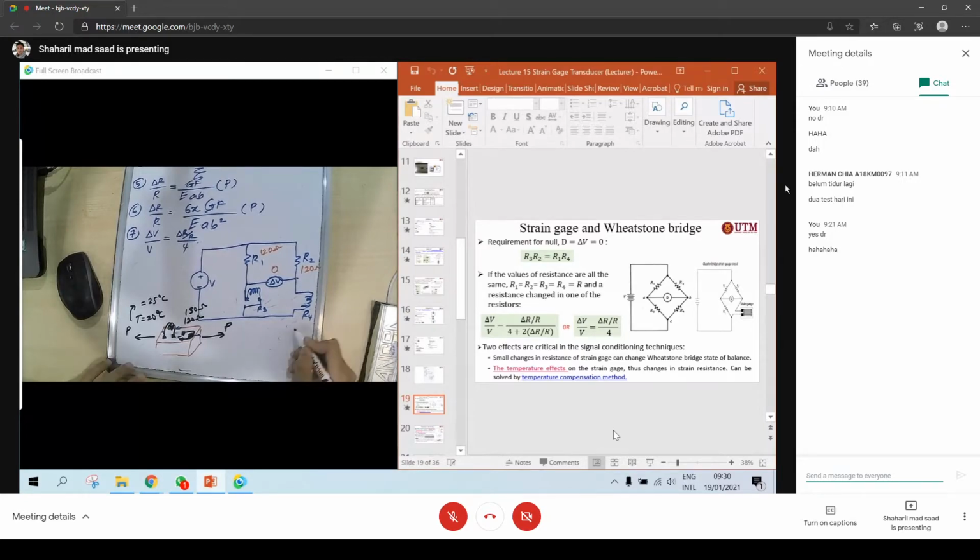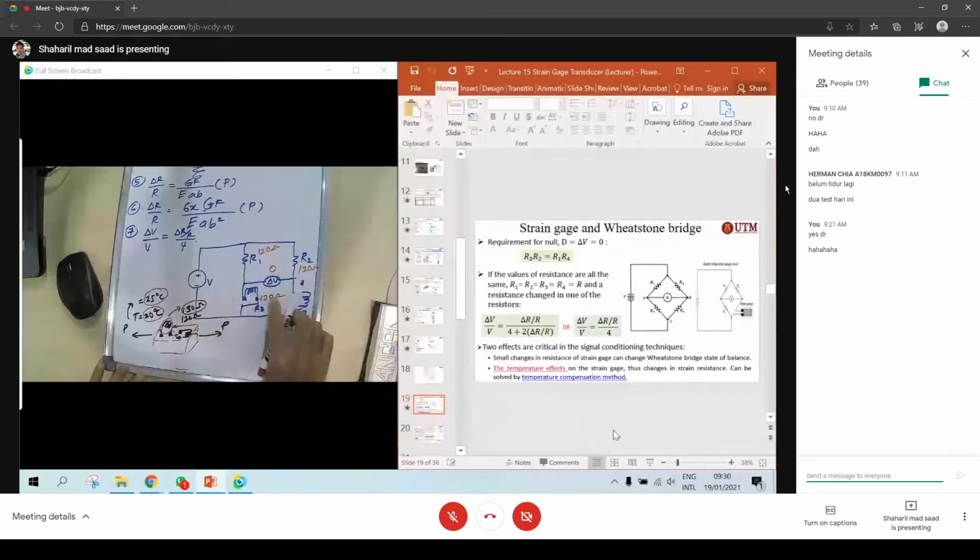Let's look again. The initial value is 120 ohm, so this one is 120 ohm also, at a temperature of 20 degrees. Then the temperature changes to 25 degrees, so this strain gauge changes to 130 ohm, and this strain gauge also changes to 130 ohm.